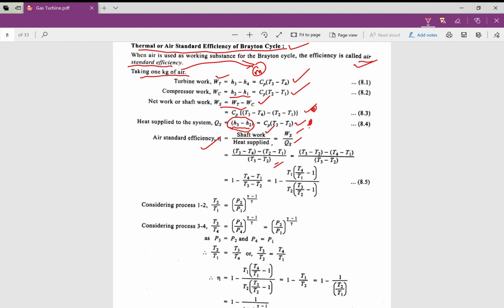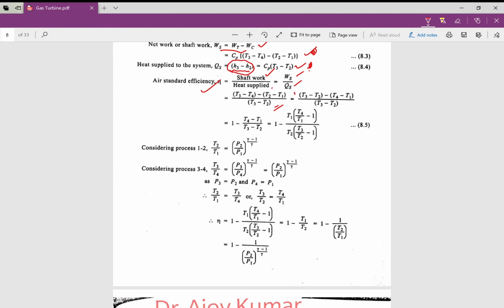Cp gets cancelled, and finally it is written in this form. Now take T1 common outside, so we can write T4 upon T1 minus 1, and in this one take T2 common and write it this way.